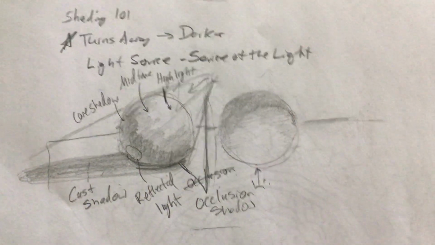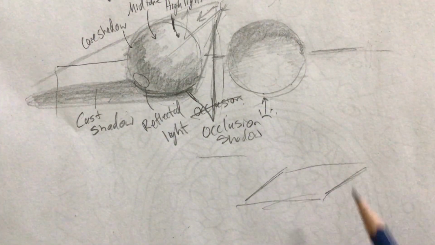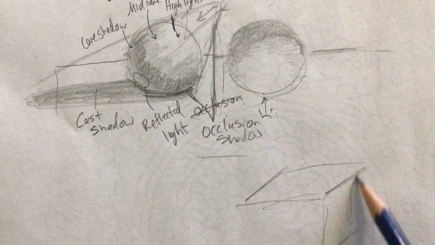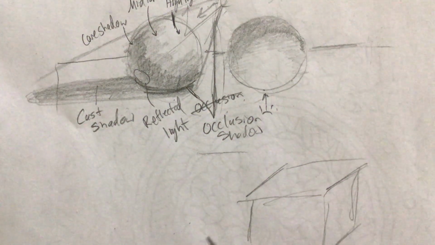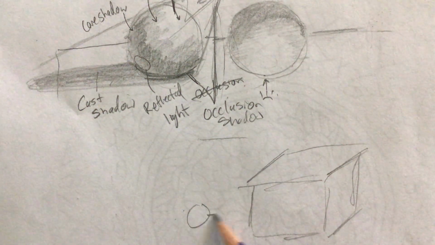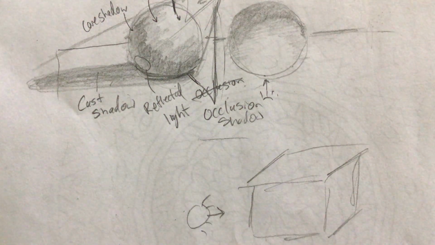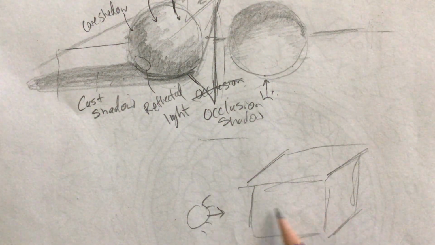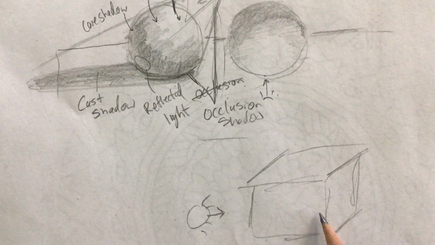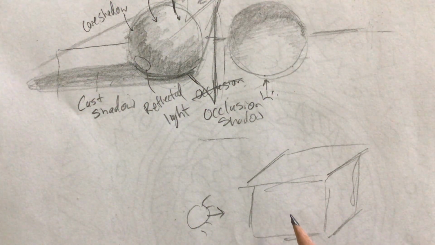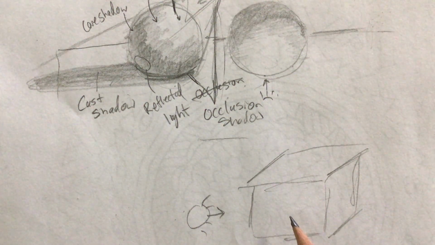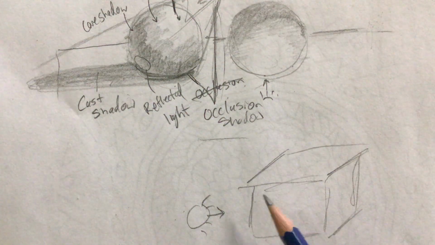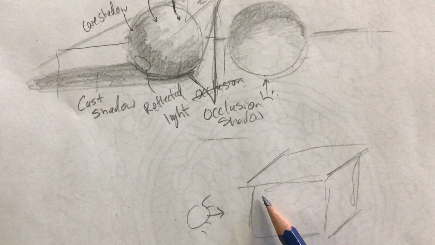So if I shade a square, let's move that down. You guys don't have to draw this part, I'm just demoing something. And I have a light right here. Is this area going to change value at all? Why not? Because it's getting light, and so like a white.